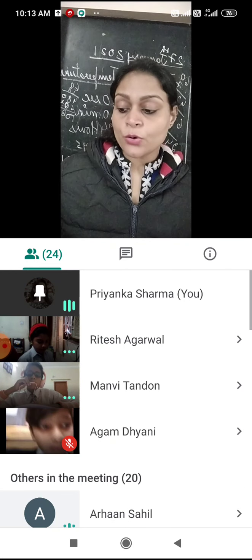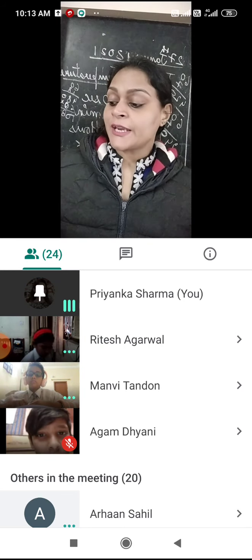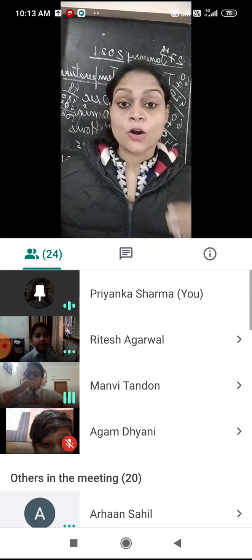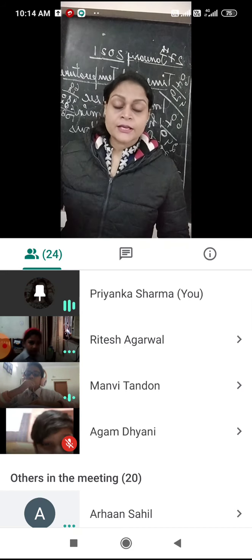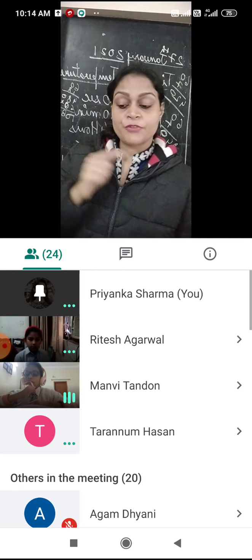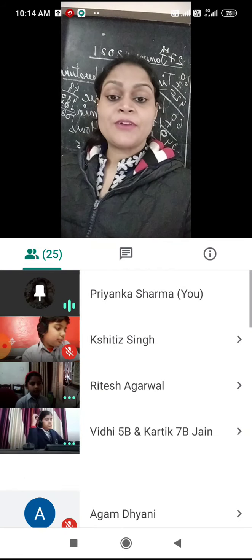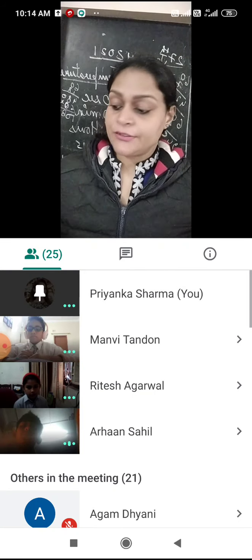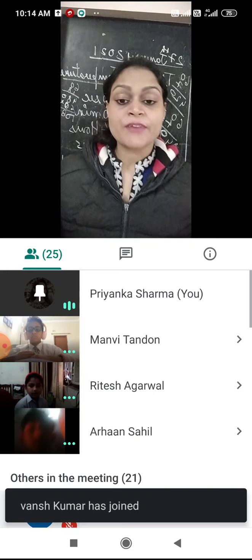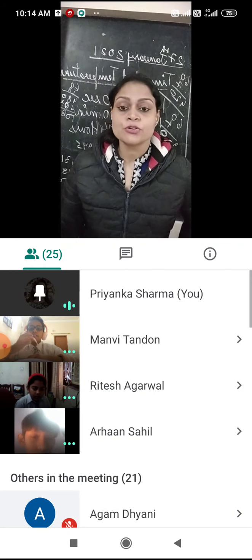Now we have to convert lower units into higher units. 240 seconds into minutes. When we were converting higher into lower, we were multiplying. Now we are converting lower into higher unit, so we will divide. 240 seconds into minutes means we are going to divide 240 by 60 because 1 minute is equal to 60 seconds.